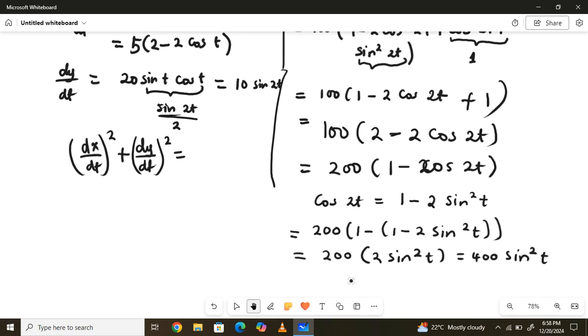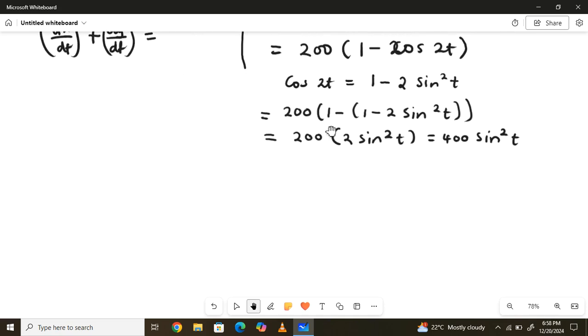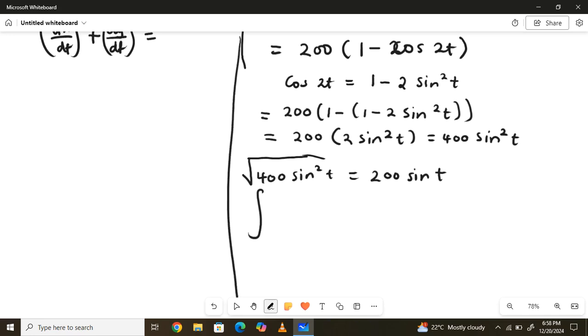But in our formula, we need to use the square root, so we're going to get the square root of 400 sin squared t, which gives us 20 sin t, and then we get the integral from a to b, where a to b is 0 to pi. The integral of 20 sin t dt gives us minus 20 cos t.